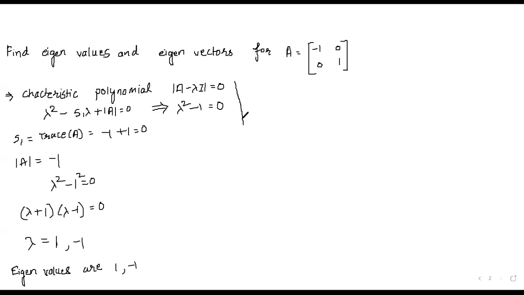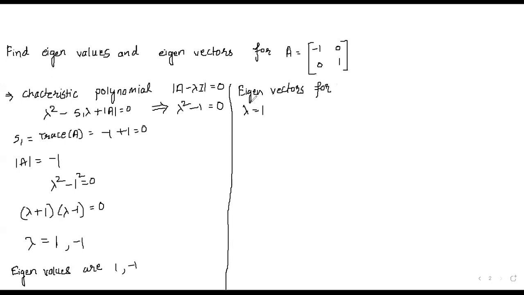Next step is the eigenvector corresponding to each eigenvalue. Eigenvectors for lambda equal to 1.